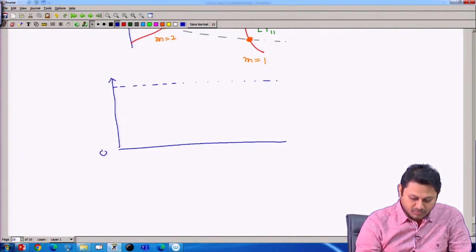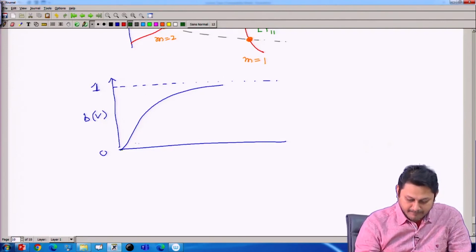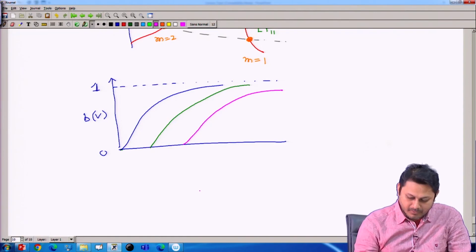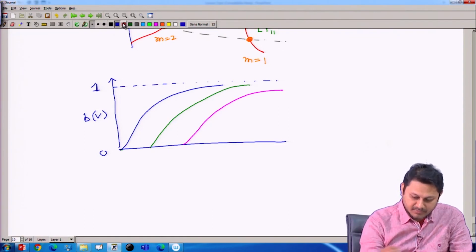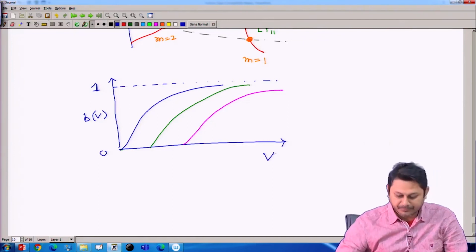So, 0, this is 1, along this direction I plot B as a function of V, and I am going to have this kind of curves. Along this direction I am plotting V, increasing V.